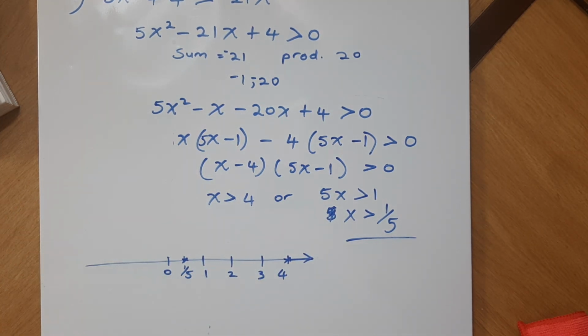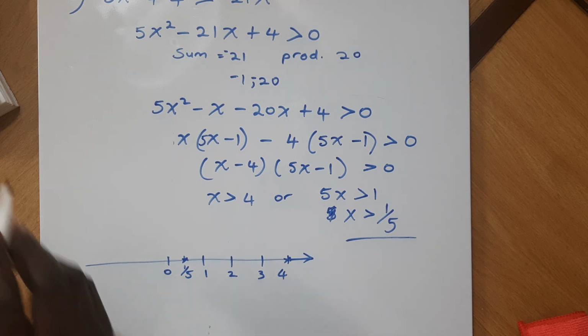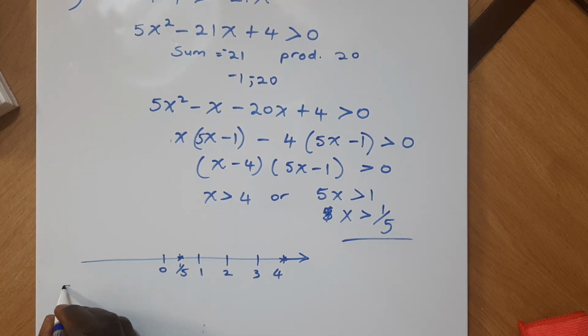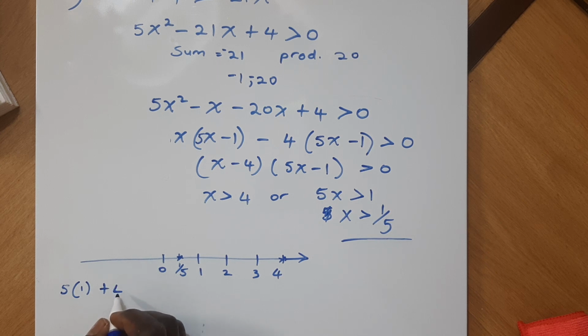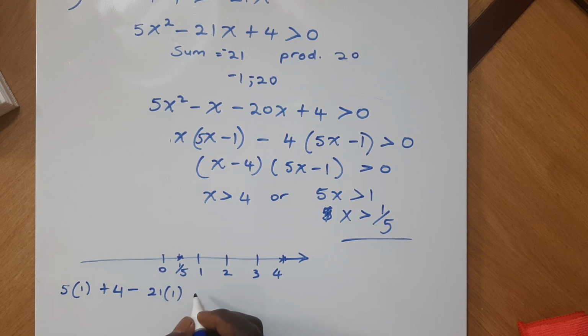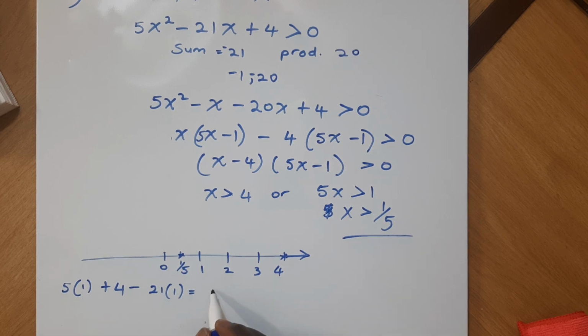Let's say a number greater than a fifth, let's say 1. So if we put 1 into our equation, it will be 5 into 1 squared, which is 1, plus 4 minus 21 times 1. What do we get? 5 plus 4, which is 9. 9 minus 21, it's a negative number.